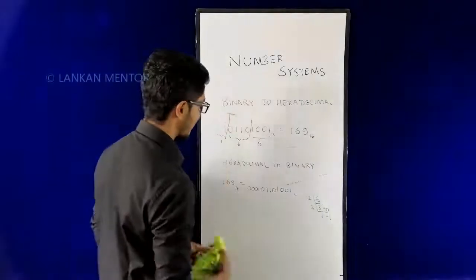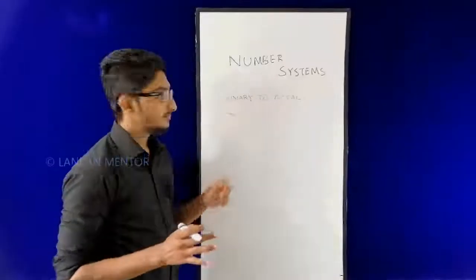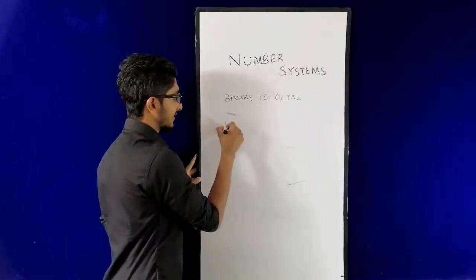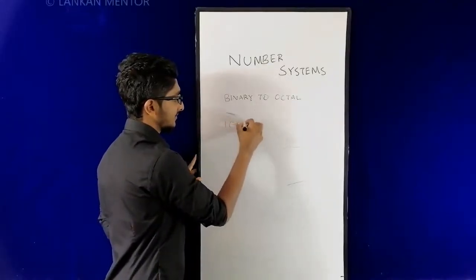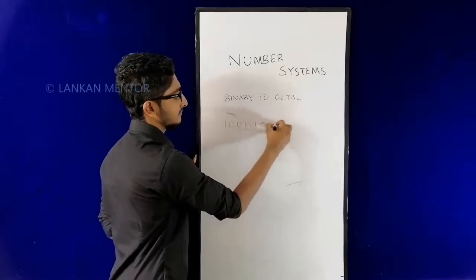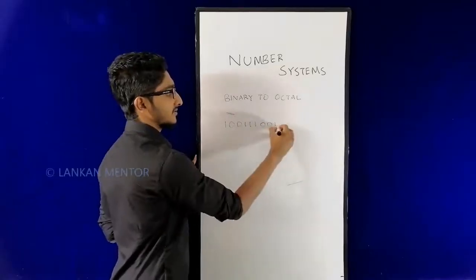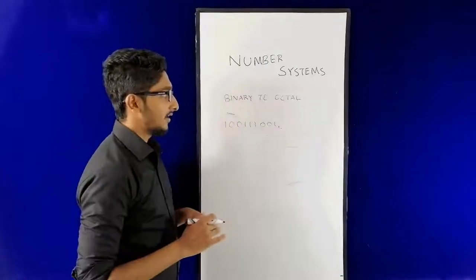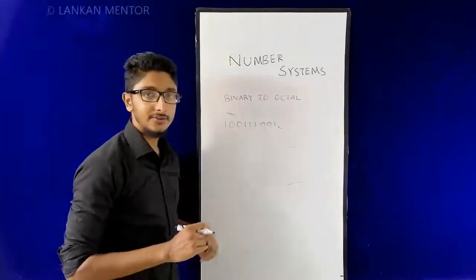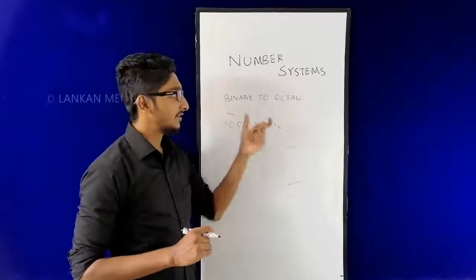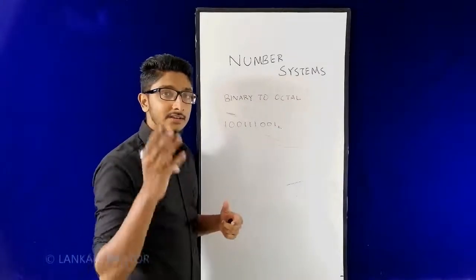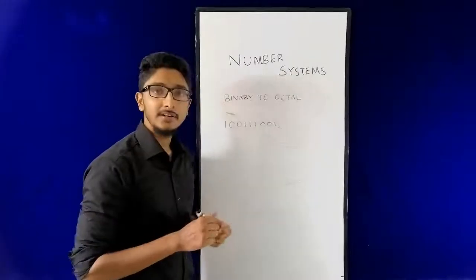We'll try that. Okay, so when we are converting binary to octal, I'll just write a random number, base 2. Now for octal, when we are converting from binary to octal, you have to divide by 3 numbers.